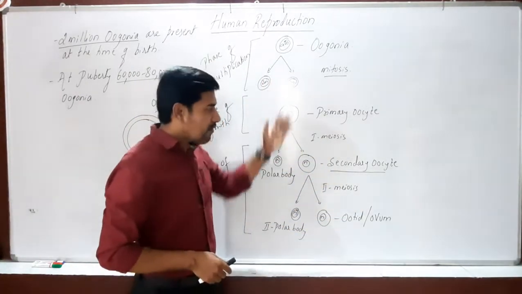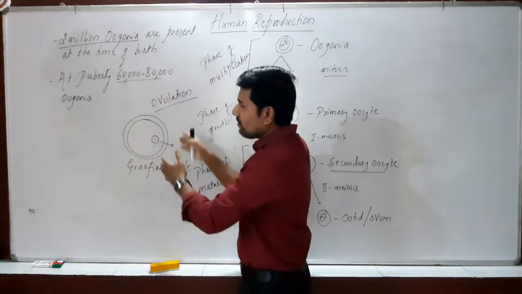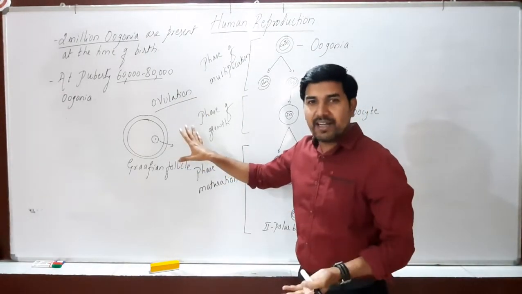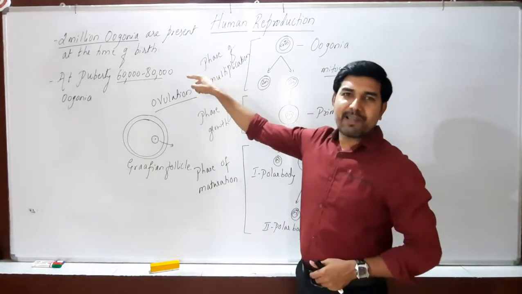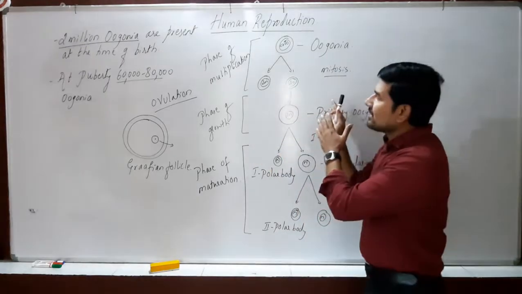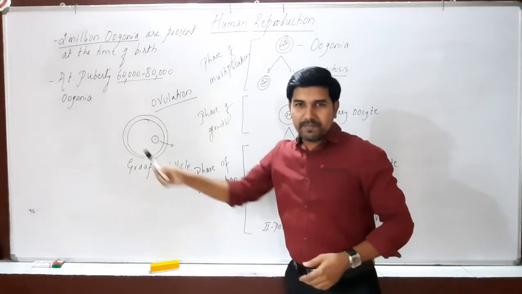This is the methodology of understanding, but in practicality, what happens? The second part deals with the practicality, what really happens in the ovary of the females. Now let us have a glance over the oogenesis as well as the second part.